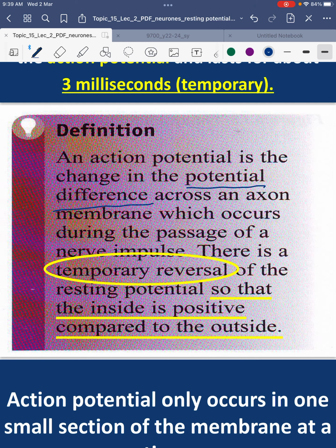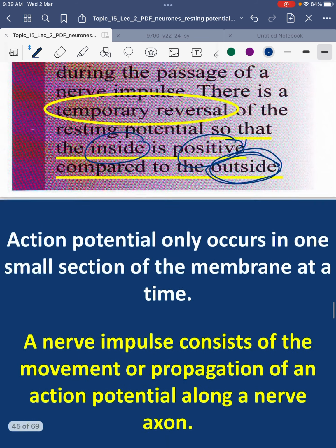That plus 40 millivolt is only temporary, so that the inside is positive compared to outside. What do we mean by inside more positive? It means more positive ions on the inside, less positive ions on the outside. It's only temporary.